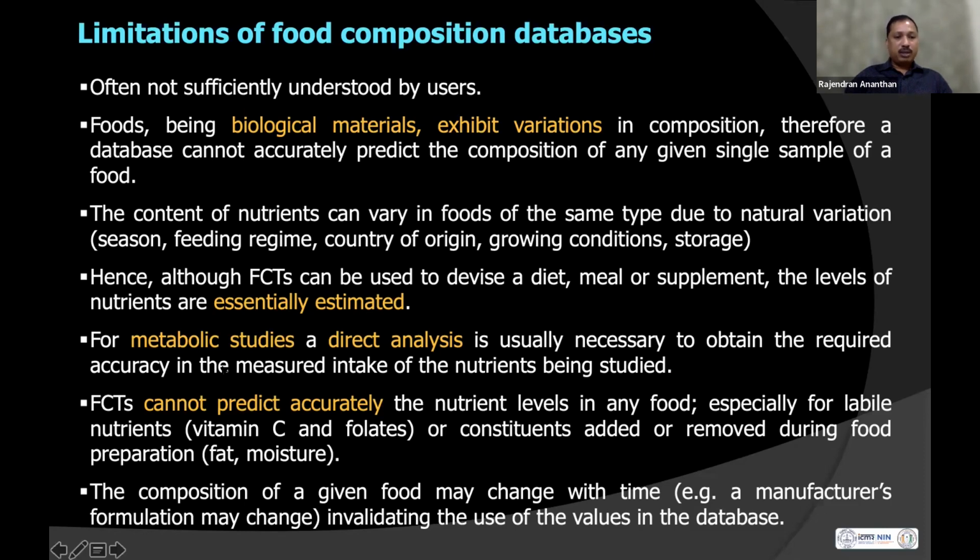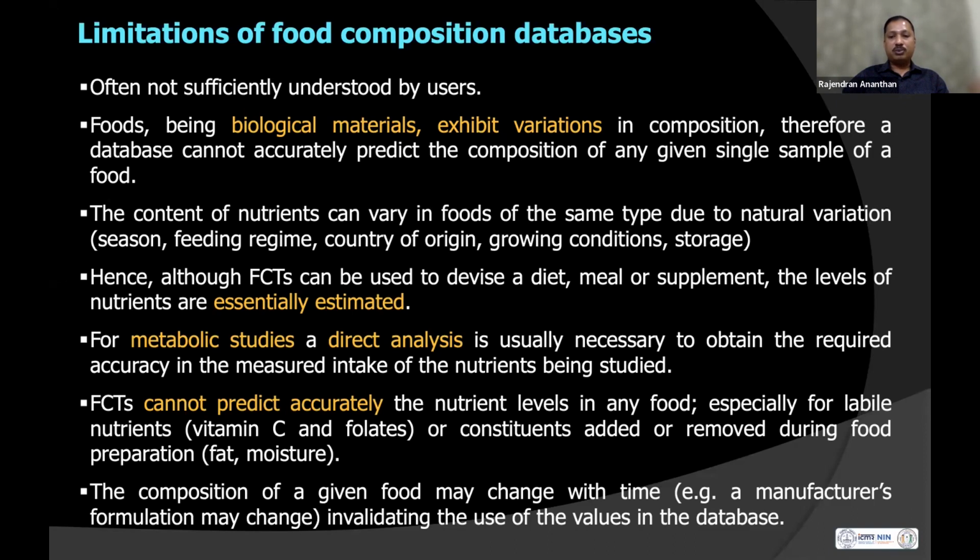And another thing is that if you wanted to conduct metabolic studies or direct analysis of any particular food, and better understand the exact nutritional composition of that food, it is advised, instead of going for the representative food data or country level data, to go for individual analysis if you are planning metabolic studies or any direct analysis of any particular food or nutrient.